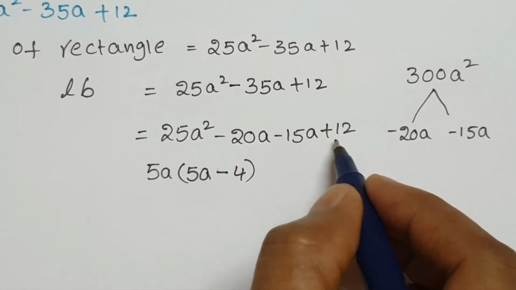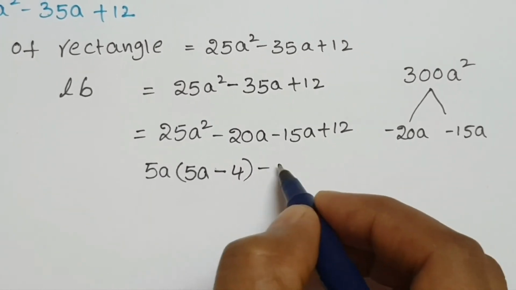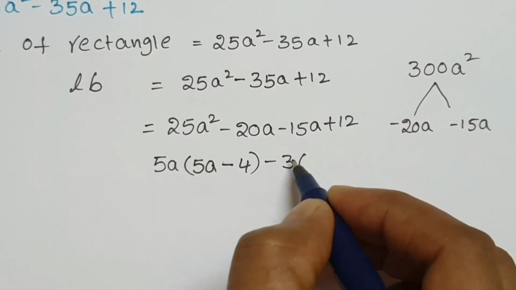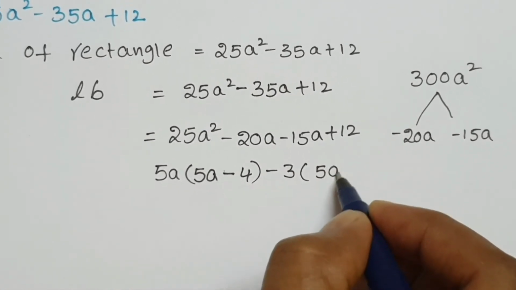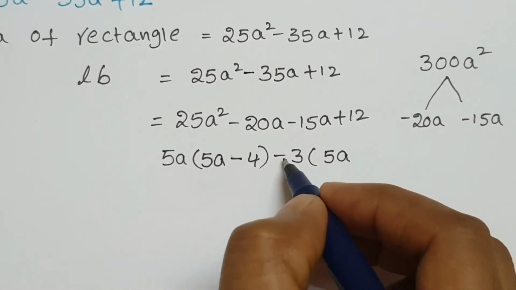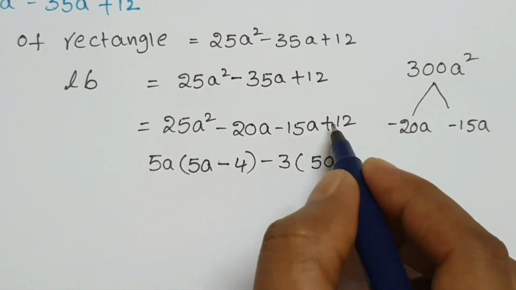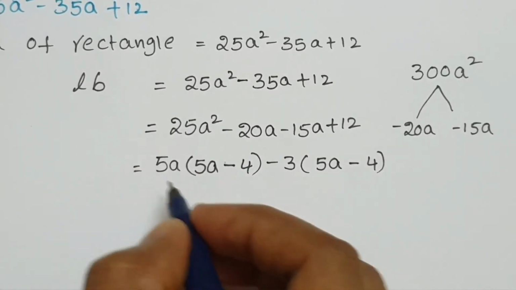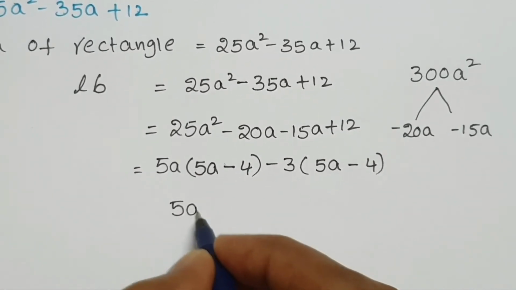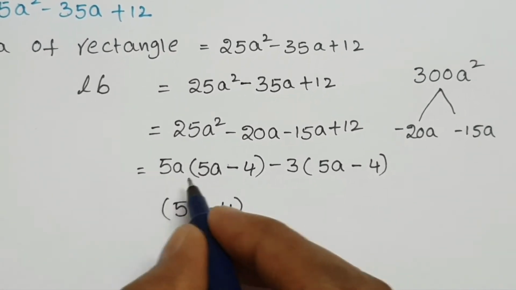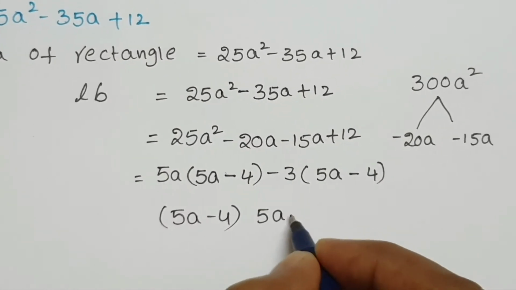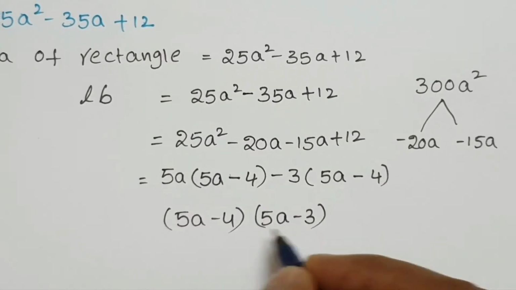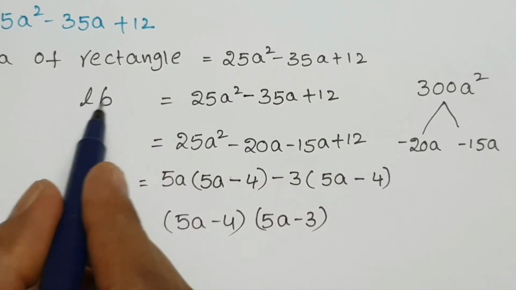Next, in these two terms take minus 3 common: 3 fives are 15, 5a. Minus into minus we get plus, 3 fours are 12. Now the common bracket is 5a minus 4 and the remaining is 5a minus 3.